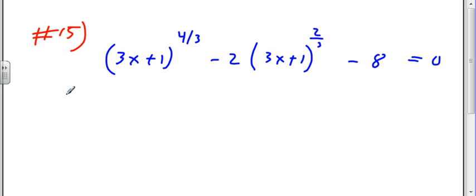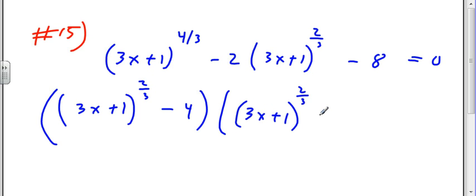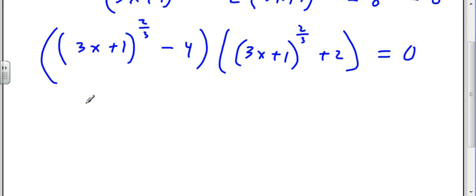Okay, so I'm going to factor this. 3x plus 1 to the 2/3 minus 4, and I'm going to have 3x plus 1 to the 2/3 plus 2 is equal to 0. All right, so that looks good. And we know what we did wrong last time, so we won't do it again. 3x plus 1 to the 2/3 is going to equal 4.